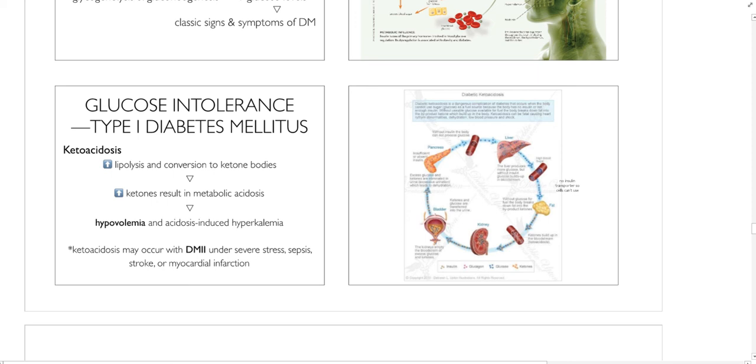And so we're going to have super thick blood in our body, and the sugar that accumulates in the bloodstream is going to promote polyuria, polyphagia, polydipsia. The polyuria is going to be the most important in this regard because that's going to lead to hypovolemia.